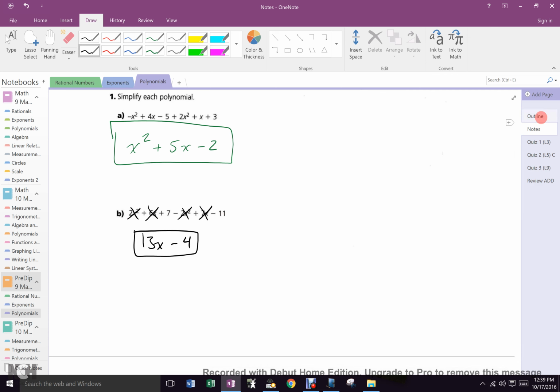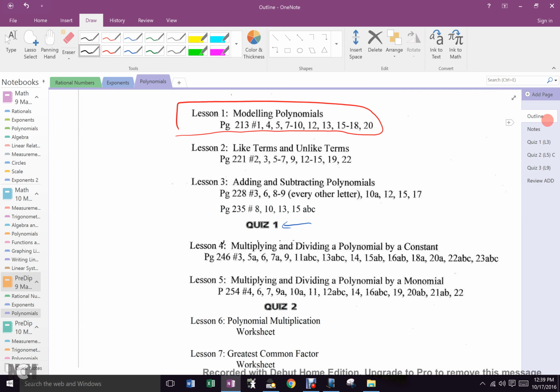And if you look on your outline, up to here is going to be that easy. But from here down, if you can't do this as easy as breathing, this is going to be a pain.